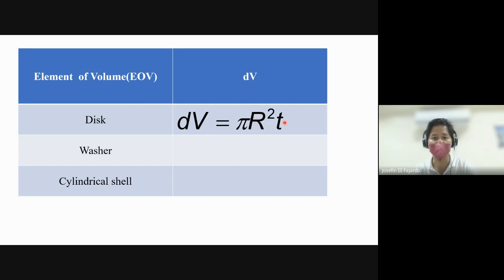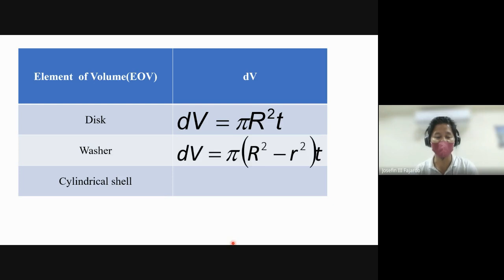And t will be based on the element of area: if it is horizontal, we use dy; if it's vertical, we have dx. For a washer, we will be basing it on this formula: the integrand will be pi times the outer radius squared minus the smaller radius squared. And t again will be dx if vertical and dy if horizontal.